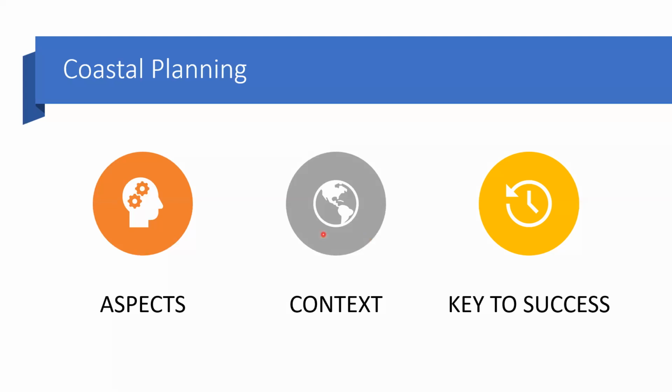The keys to a successful coastal planning would be, first and foremost, understanding the physical qualities, the geophysical qualities of the area, understanding how people use the area, so the cultural context, and then acknowledging and understanding the current challenges that each society faces with regards to how they use the coastal areas and what they want to do with it in the future.